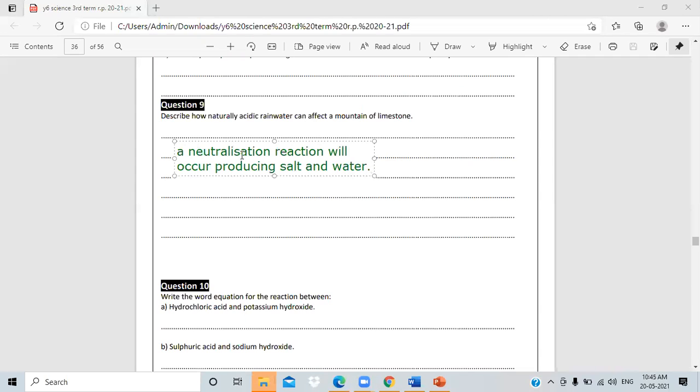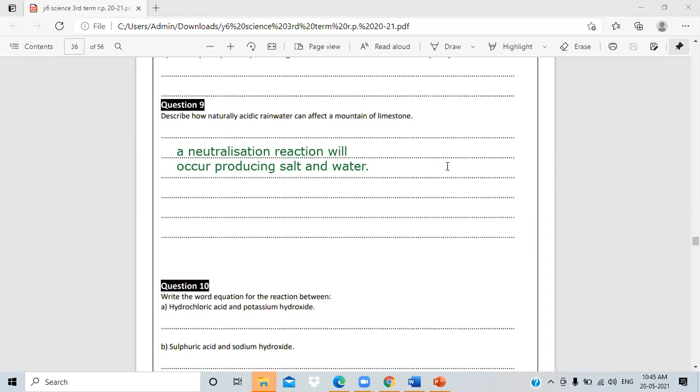So this means that the limestone mountain is going to start getting corroded. It's not going to be a mountain anymore. There will be parts that are not there anymore. So you just need to write this: a neutralization reaction will occur producing salt and water.